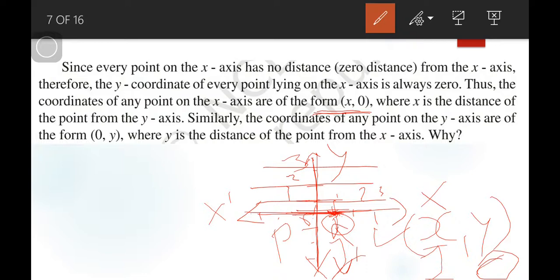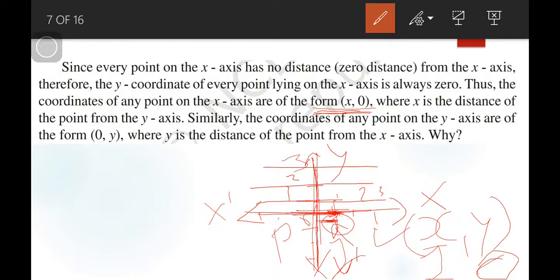So here we always take it that if the point is given on the x-axis, then its coordinates are always x comma 0, where x is the distance from the y-axis. The y-coordinate will always be 0 if the point is given on the x-axis.